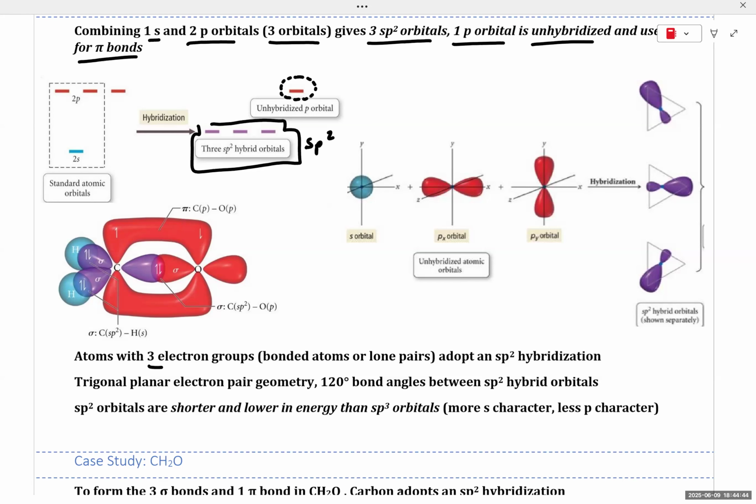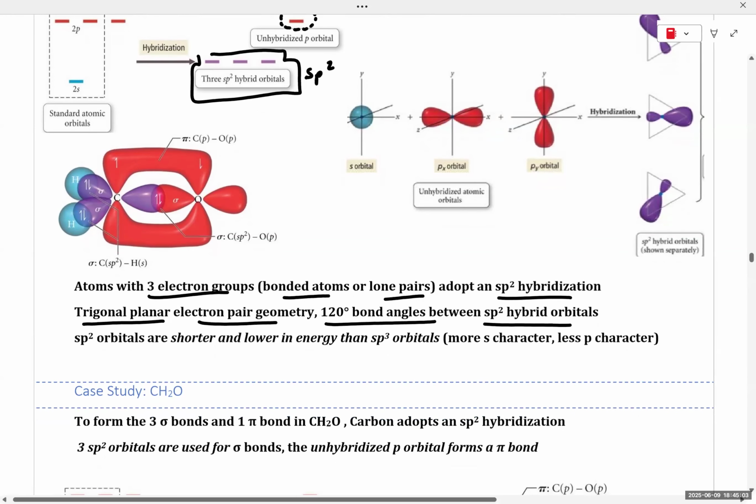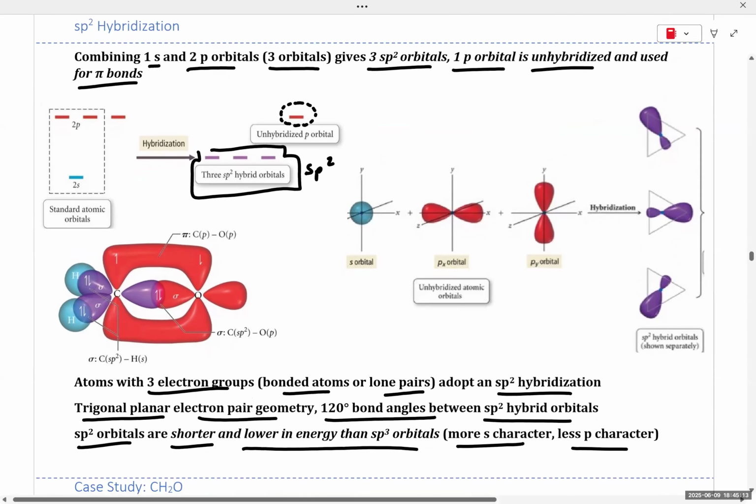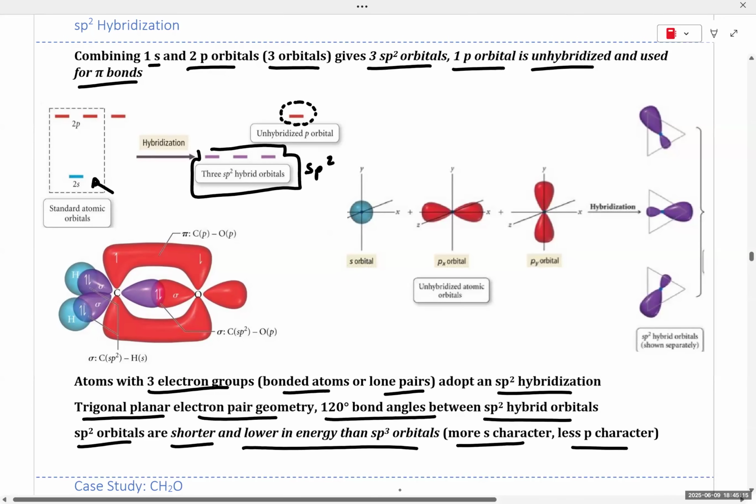Generally, atoms with three electron groups, bonded atoms or lone pairs, adopt an sp2 hybridization. This corresponds to a trigonal planar electron pair geometry and a bond angle of 120 degrees between the sp2 hybrid orbitals. One thing to note, sp2 orbitals are shorter and lower in energy than sp3 orbitals because we have more s character and less p character. As you can see, s orbitals are lower in energy.